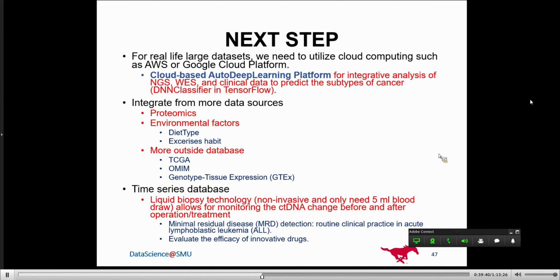Last but not least, we can create a time series database. Because of liquid biopsy technology, we can easily monitor circulating tumor DNA changes, so we do not need to get a tumor sample every time. We just draw 5 milliliters of blood. This makes it very feasible to create a time series database.